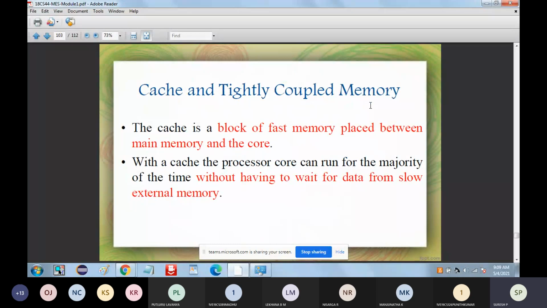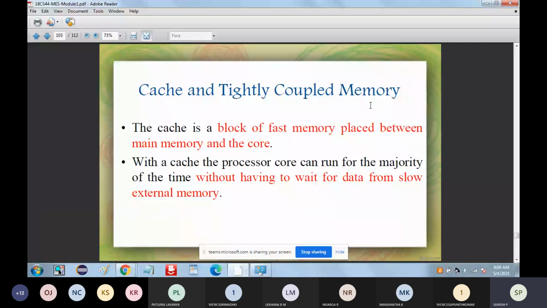Next, coming to what we mean by cache and tightly coupled memory. Whenever your processor starts executing its instructions, where is it going to look for the data? First it is going to look into the memory which is near to the processor, and that memory is the cache.